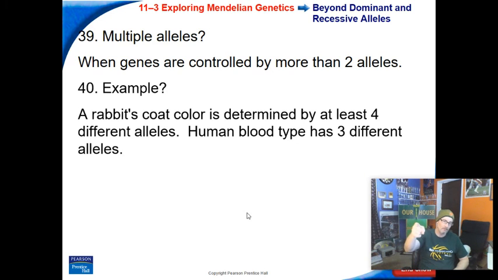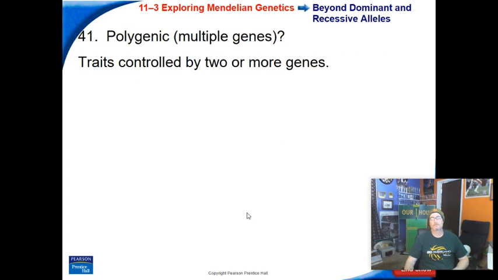All right, moving ahead. All right, poly is the Latin root for many. Many genes, multiple genes, okay? There are a variety of traits that are affected by more than one gene. So for example, depends on when you're watching this video, I have recorded a video of a facial characteristics lab where you have to flip a coin to determine if the dominant allele ends up in the offspring or the recessive allele ends up in the offspring.